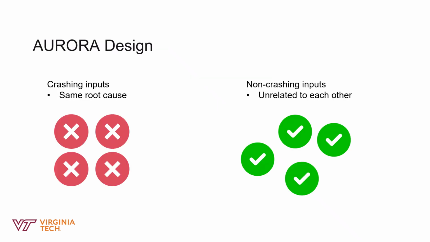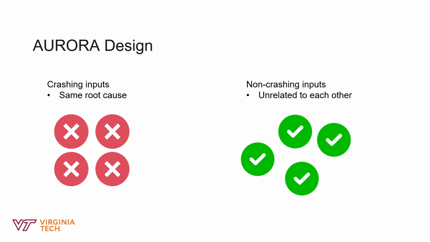In order to analyze the behavior between these two different inputs, the crashing inputs and non-crashing inputs, we have to have a set of non-crashing and crashing inputs to work with. AURORA tries to look for behavioral differences in these two and tries to rank differences in the way that best predict crashes.